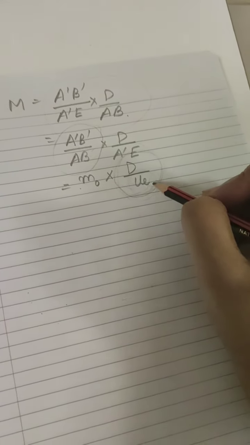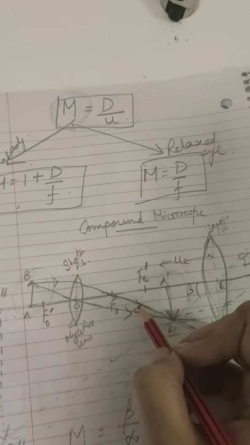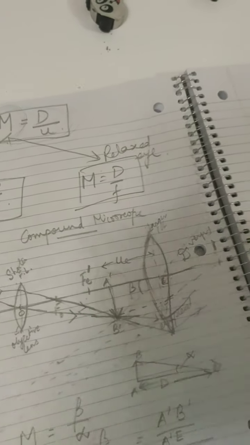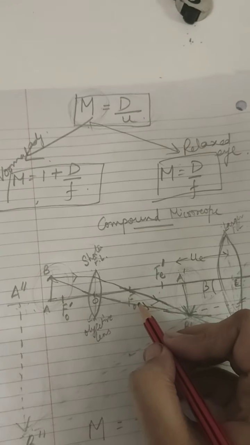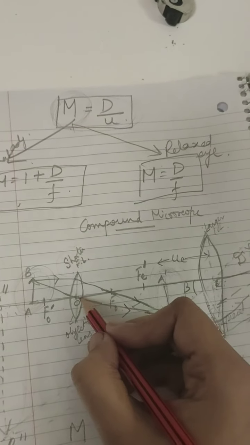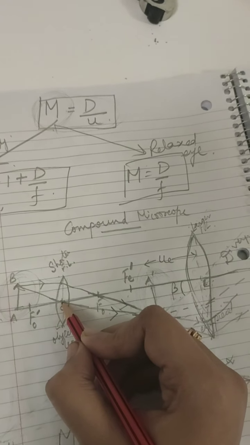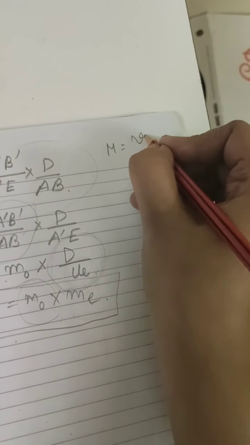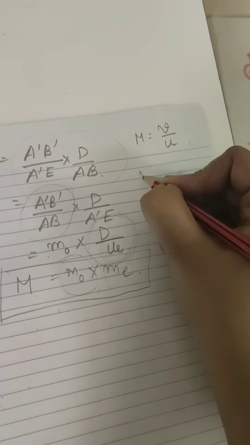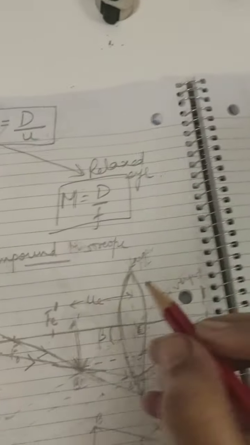Now, since ME is written in terms of distances, MO should also be written in terms of distances. What is MO? If you have to write it in terms of distance, then image distance by object distance. Remember, magnification is given by V by U. So MO will be equal to VO, which is positive.